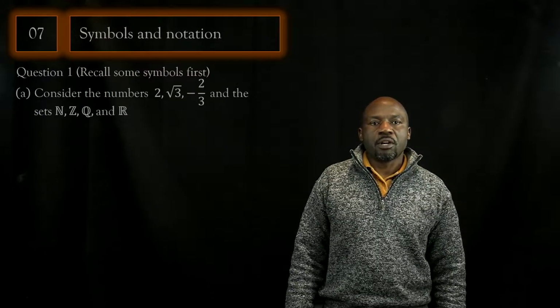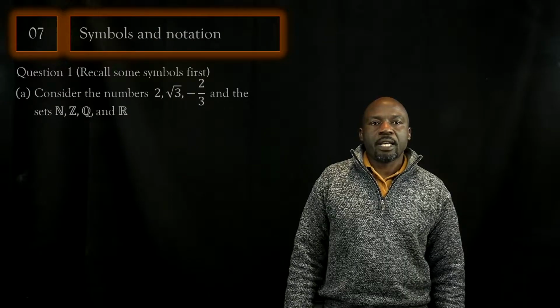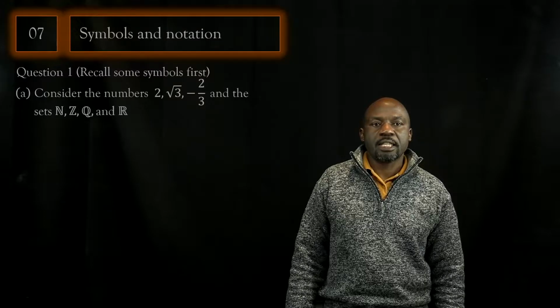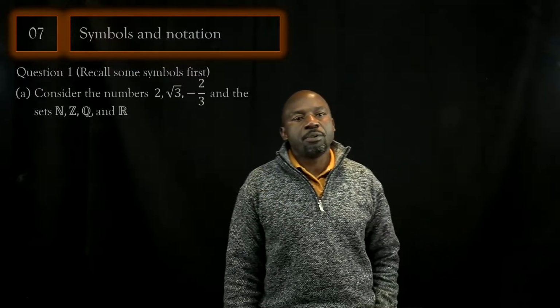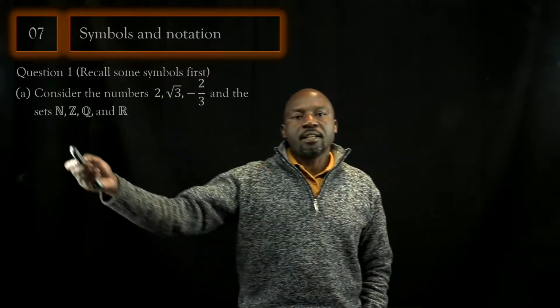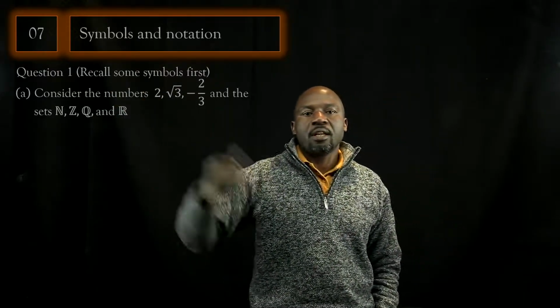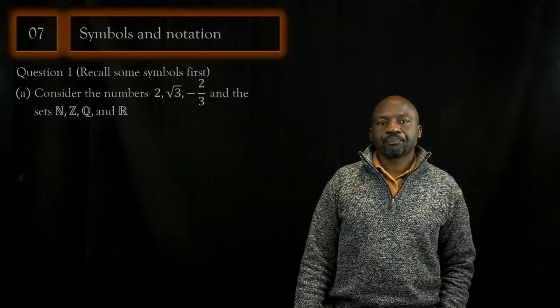Okay, here is another question. This is for you to recall some symbols. Just in case you thought you had escaped this, there is no escape of this until all the way to DP2. Already you started seeing this stuff previously when we were talking about the real numbers and so on.